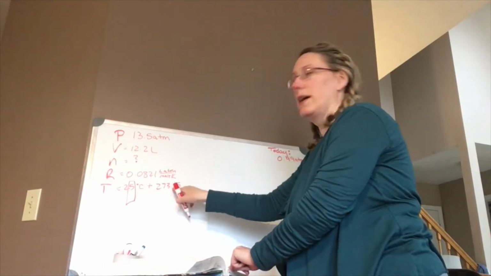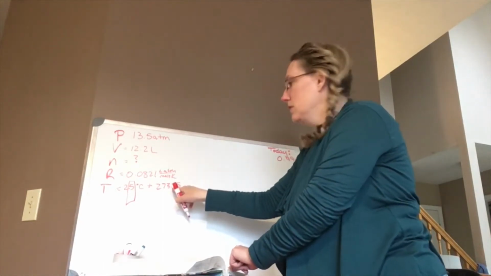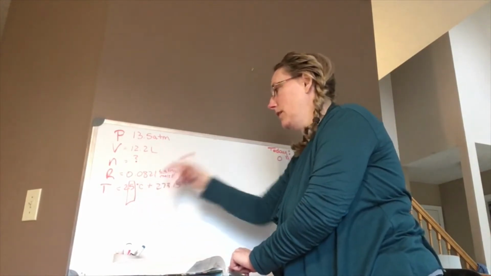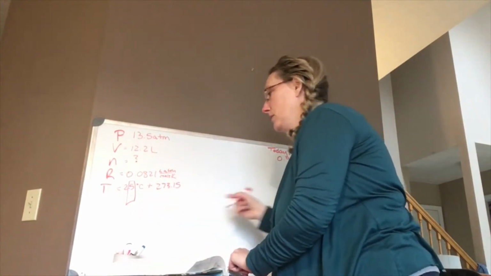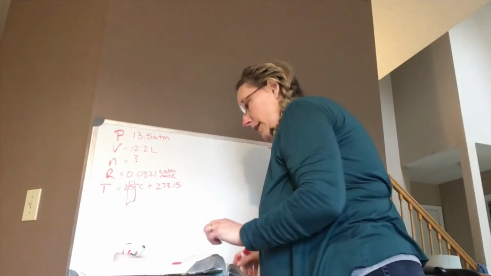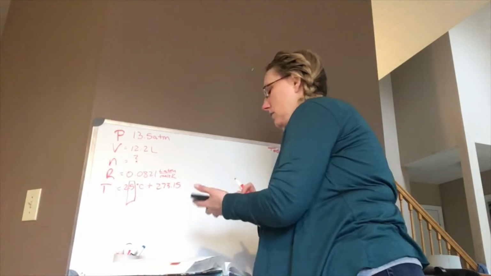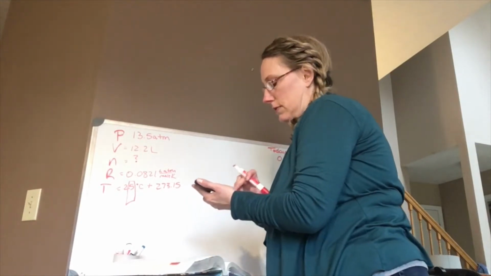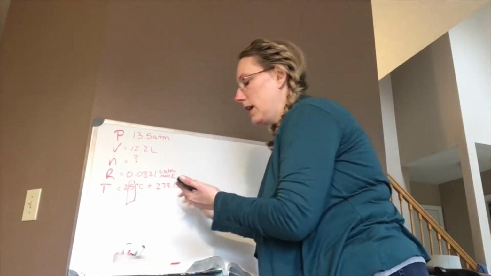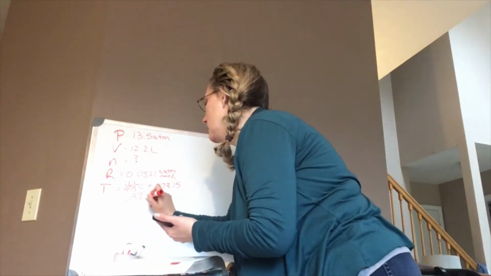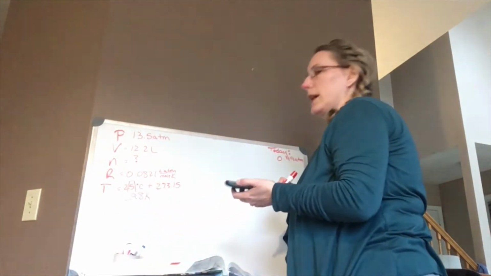And 0.1, 1 rounds down. So if you have a number that doesn't have anything in the tenths place, you can just add 273. Okay, so if I add 25 and 273, I get 298 Kelvin.